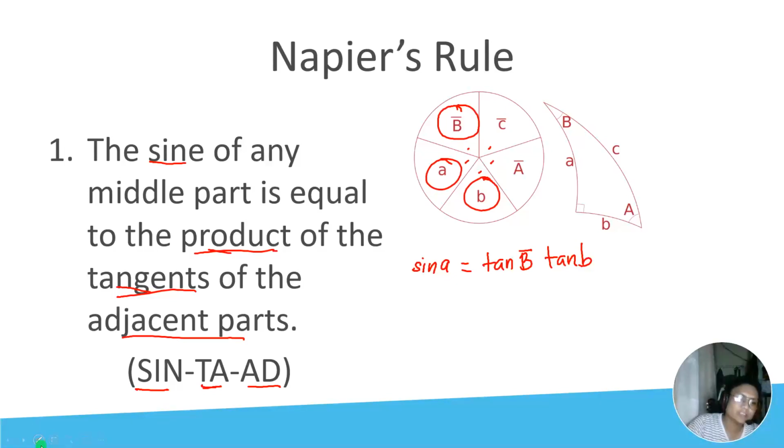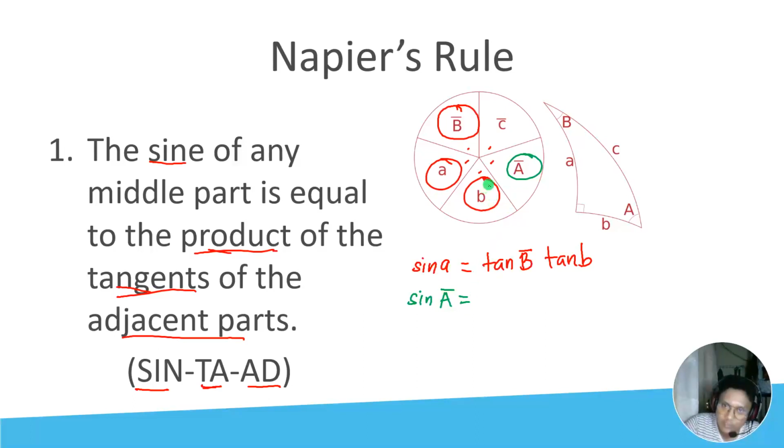If I selected bar A as the middle part, say let's use color green, and I use the sin-tan-ad rule, we'll have sine of bar A equals the product of tangents of the adjacent parts.